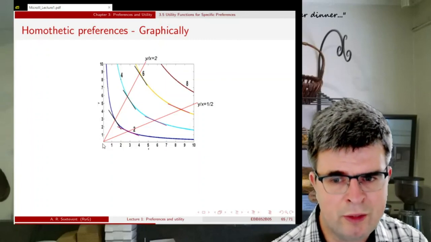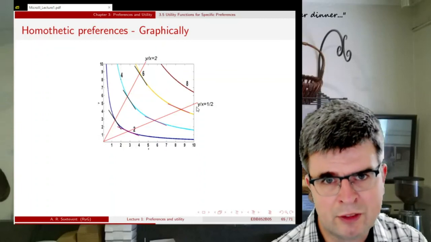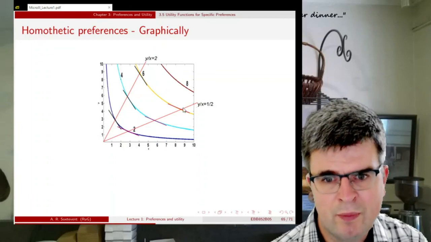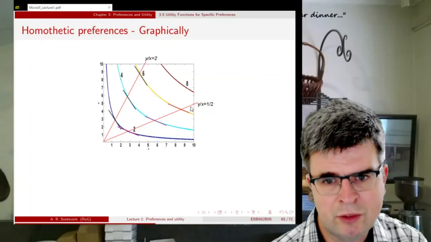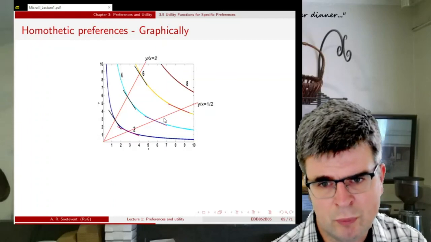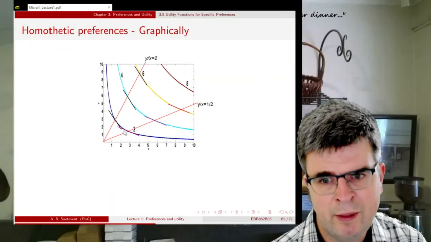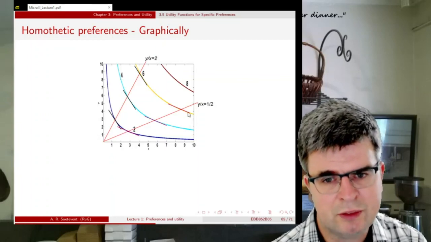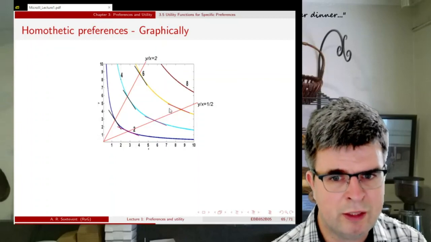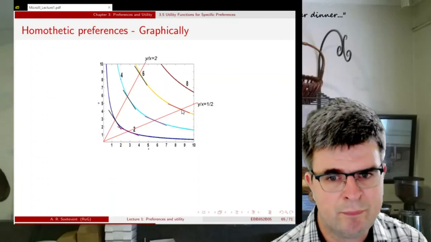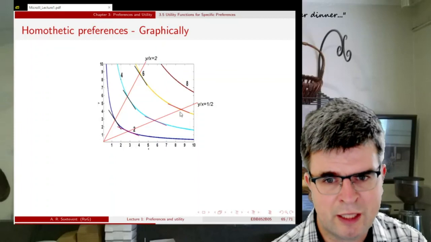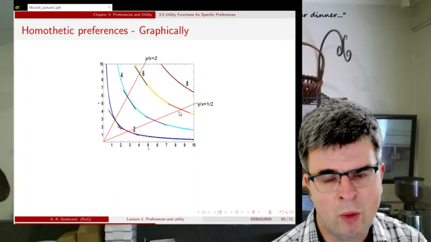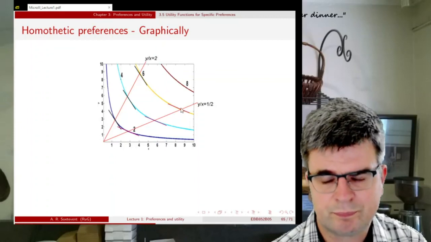And also, if you consume y and x in the ratio 1 over 2, then for all these combinations on the red line over here, the marginal rate of substitution is the same. So the slopes of the indifference curves at the points where they intersect with this red line are always identical.